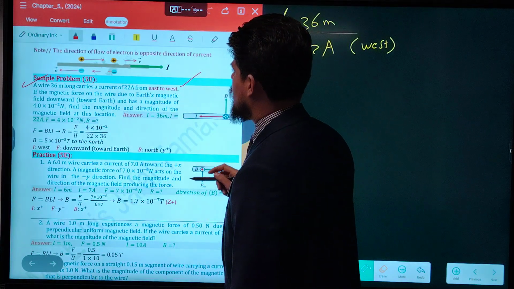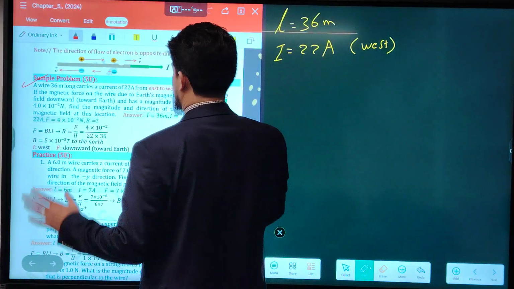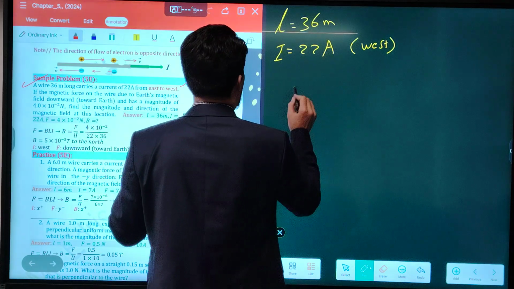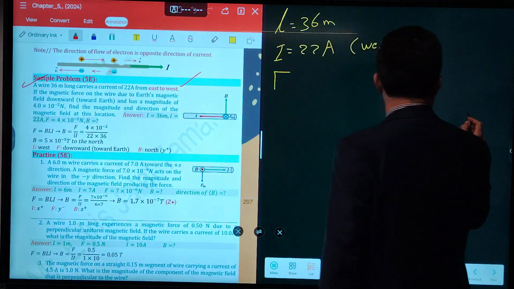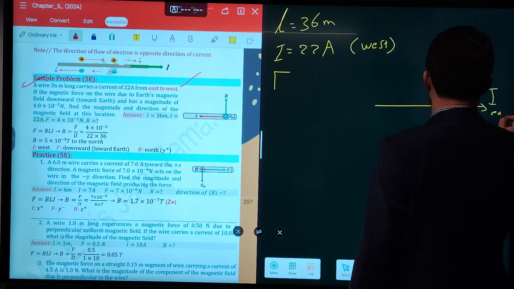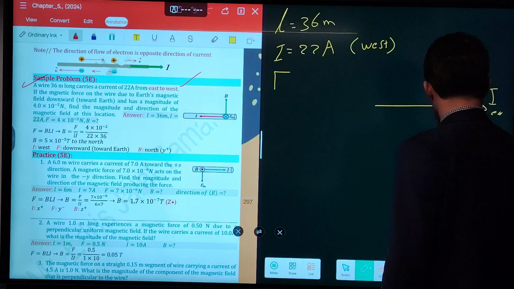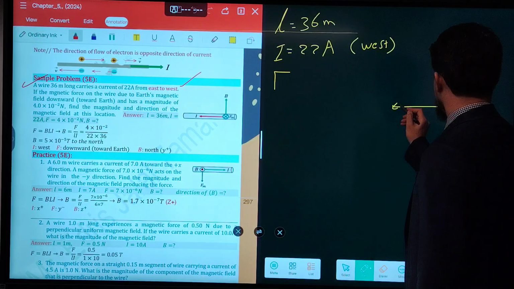If the magnetic force on the wire due to the Earth's magnetic field is downward, so it means this is the direction of the current. Current to the west. The direction of the current is directed to the west. This is current to the west.